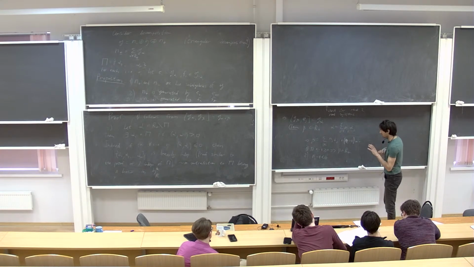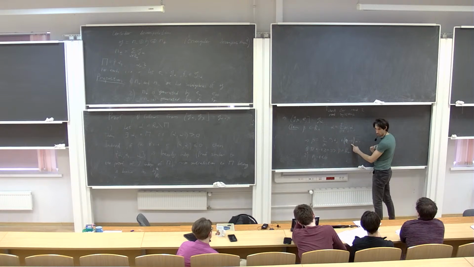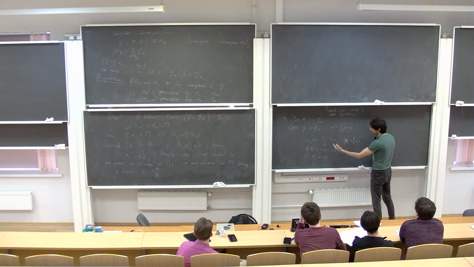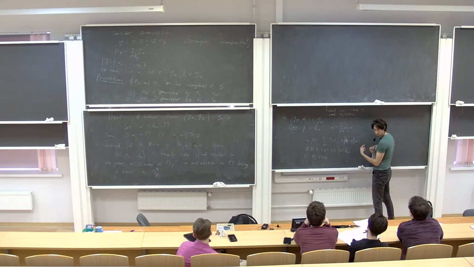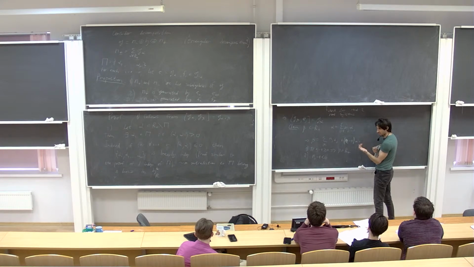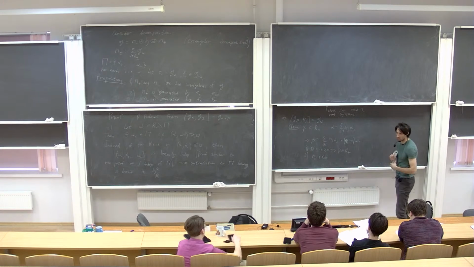So either all coefficients are non-negative, or all coefficients are non-positive. If my root is positive, then all coefficients are non-negative. If it's negative, then it's the opposite.